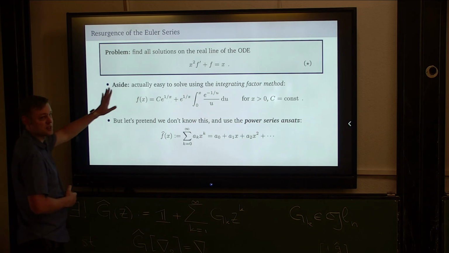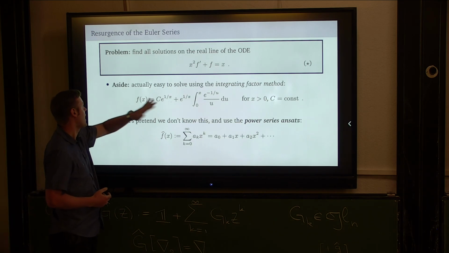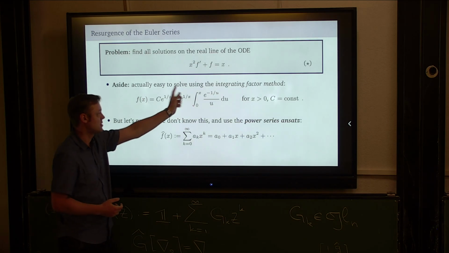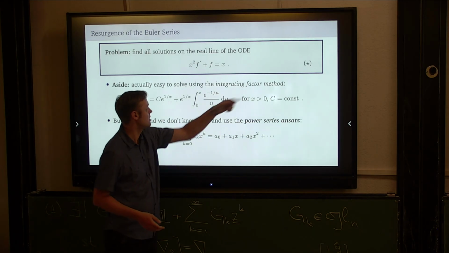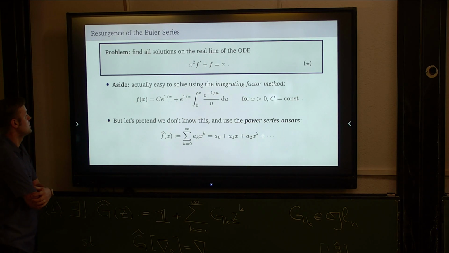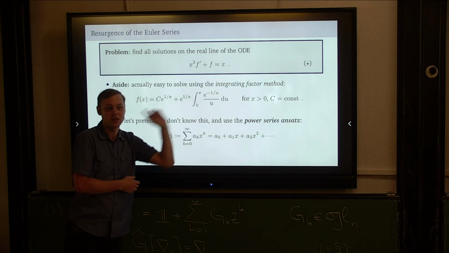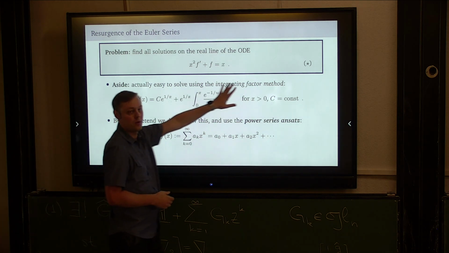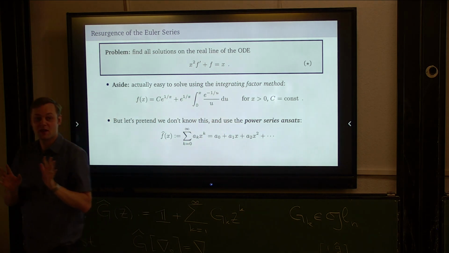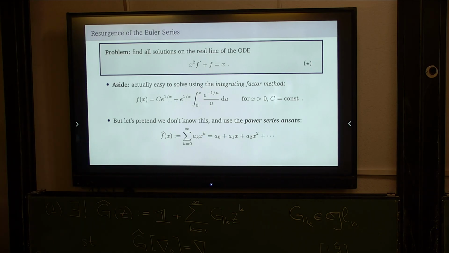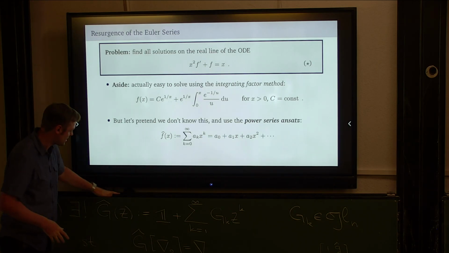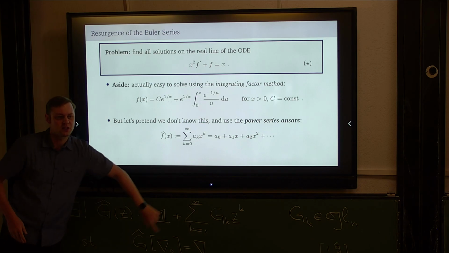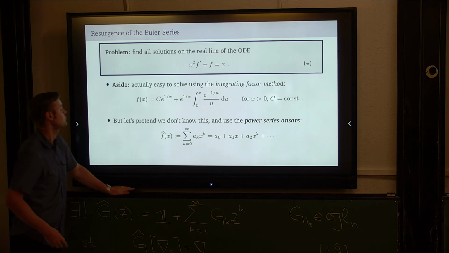And just as an aside, you can use some methods from ODEs, like the integrating factor method, to write down the general solution of this. But what I want us to do is pretend that we don't know this method, and the only method available to us is the power series method, which is relevant, of course, because we're trying to construct some kind of power series here.